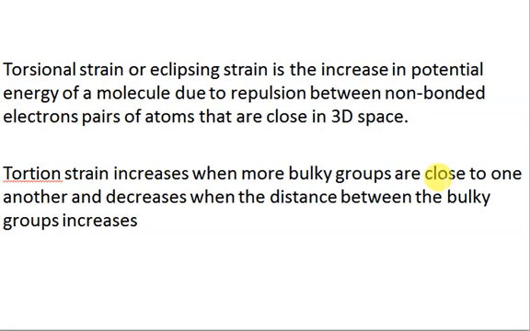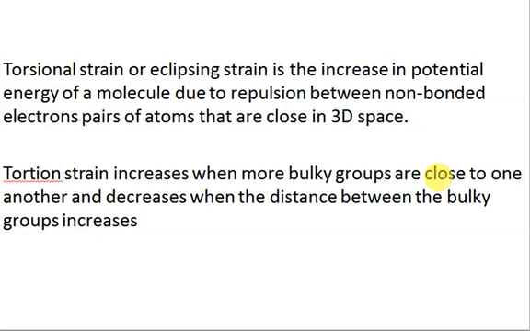The major reason is the angle strain, because there is a large deviation of the cyclic system from the ideal bond angle. In cyclopropane, instead of a bond angle of 109.5 degrees, it has a bond angle of 60 degrees, while in cyclobutane it has a bond angle of 90 degrees. Because of this deviation, these systems are highly unstable.